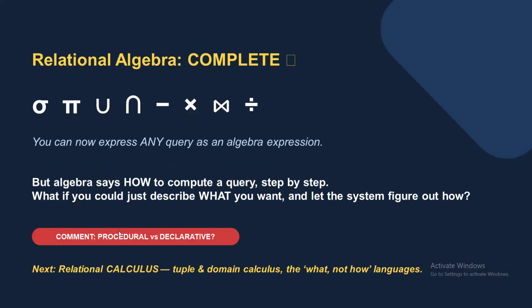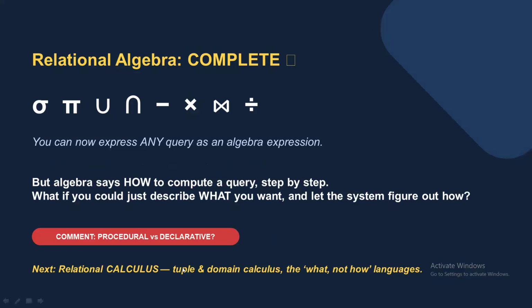Now, lastly, for you, one question, as I always do in my lectures. You can now express any query as an algebra expression, but algebra says how to compute a query step by step. What if you could just describe what you want and let the system figure out how? So here is the difference: procedural versus declarative. Will it be a procedural one or a declarative one?